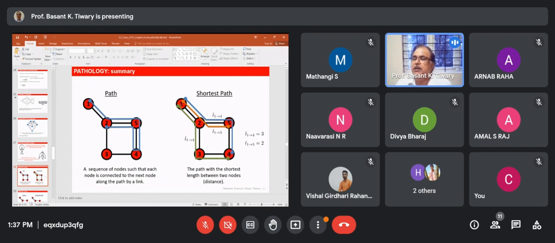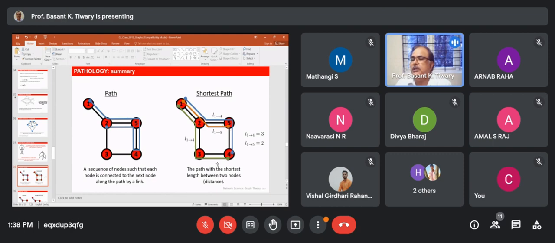Like for example, if you want to go from 1 to 4, like this you can go. You can also go 1 to 4 like this, or you can go 1 to 4 by this.